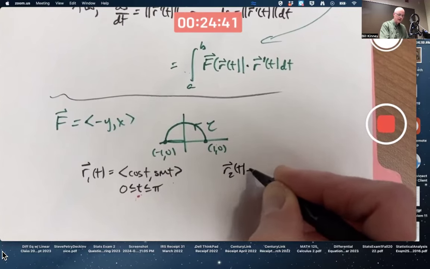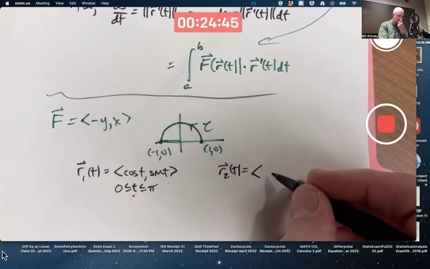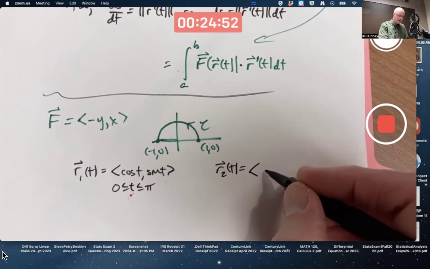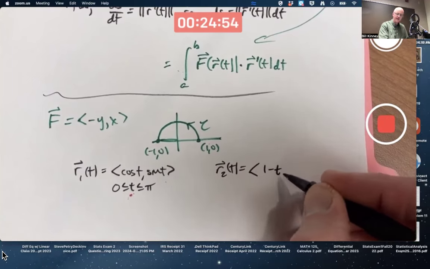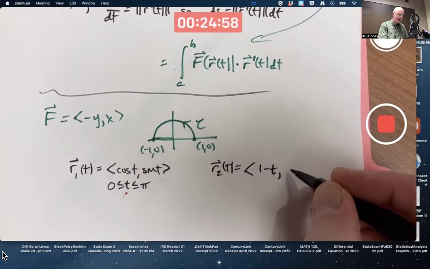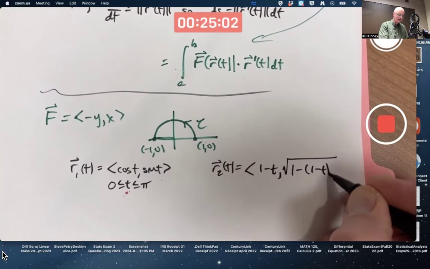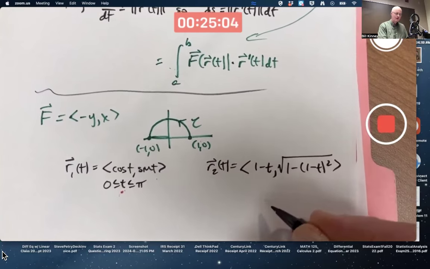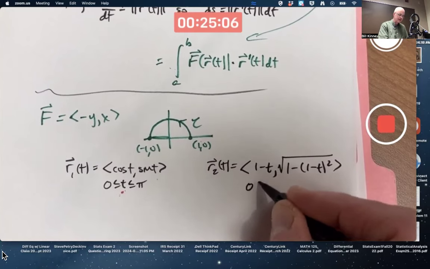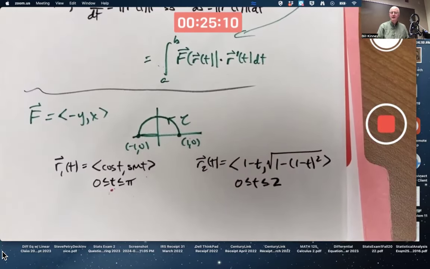Another parametrization we could use, though, if you think about it carefully, would be, for example, let's go 1 minus t for x and square root of 1 minus t squared for y as t goes between 0 and 2. I claim that's another parameterization. Where did I get that from?